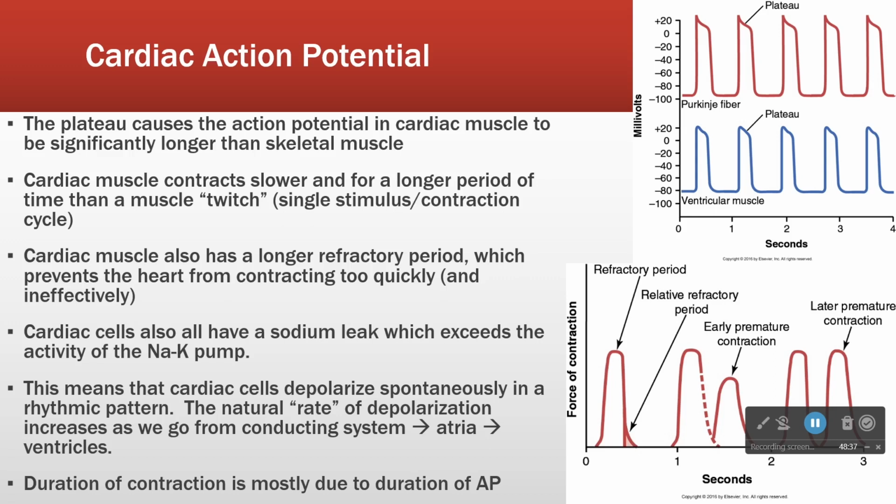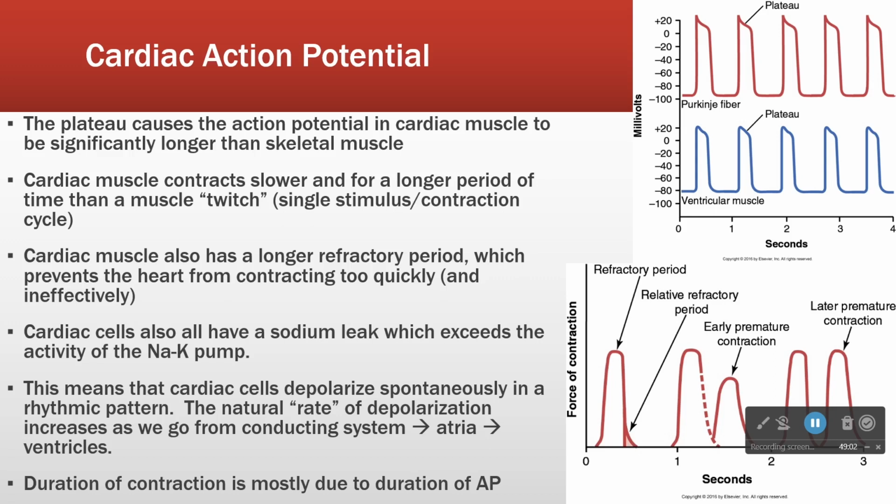Now, cardiac cells also have a sodium leak, which exceeds the activity of the sodium-potassium pump. All right, so what does that mean? It means that if you put cardiac cells in a petri dish and you leave them alone, they're going to leak enough sodium that they'll contract on their own. They will self-depolarize. This isn't a bad thing either.